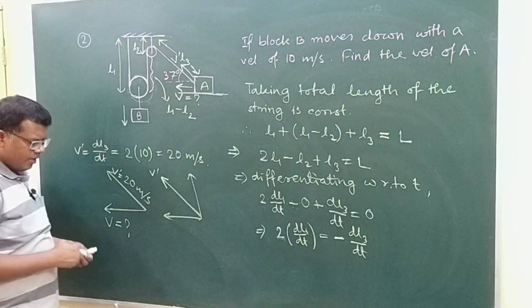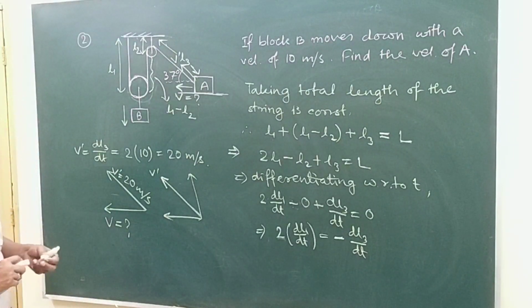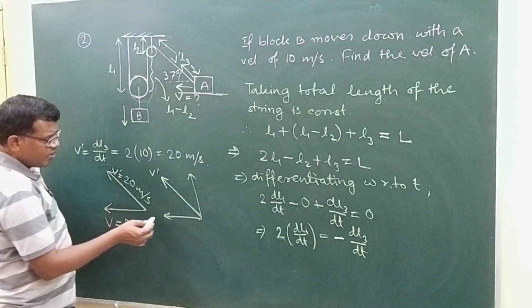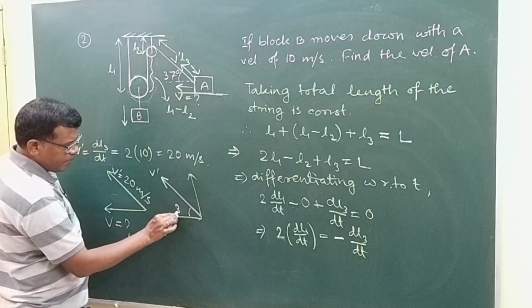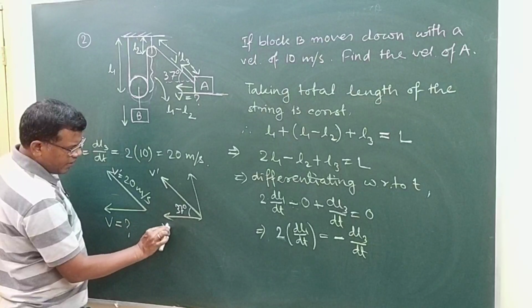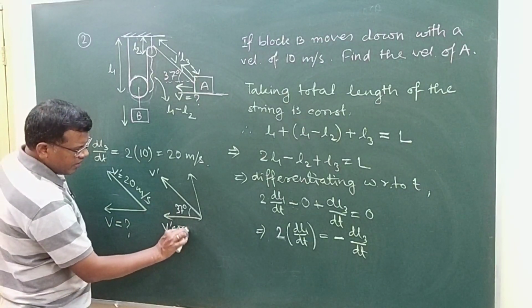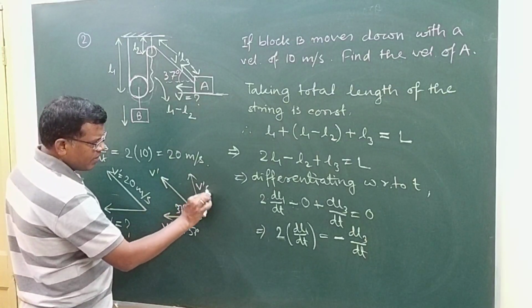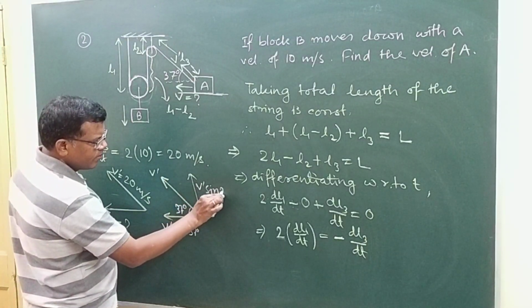Tell me yes or no. If I resolve v dash on the basis of this 37, I will get one value in this direction as v dash cos 37, but I cannot ignore the presence of v dash sin 37.